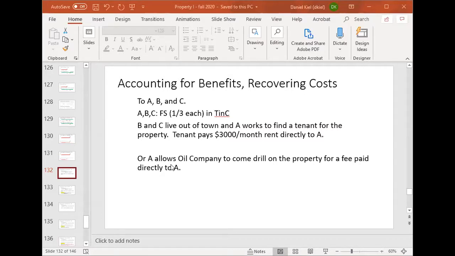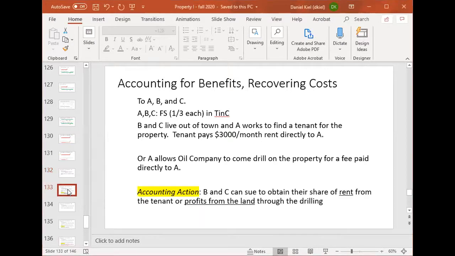Maybe there's an agreement that says A gets some sort of percentage fee for being the manager, the one that's doing this work. Okay. But let's say A doesn't do this and A pockets all the cash. What do B and C do in that situation?